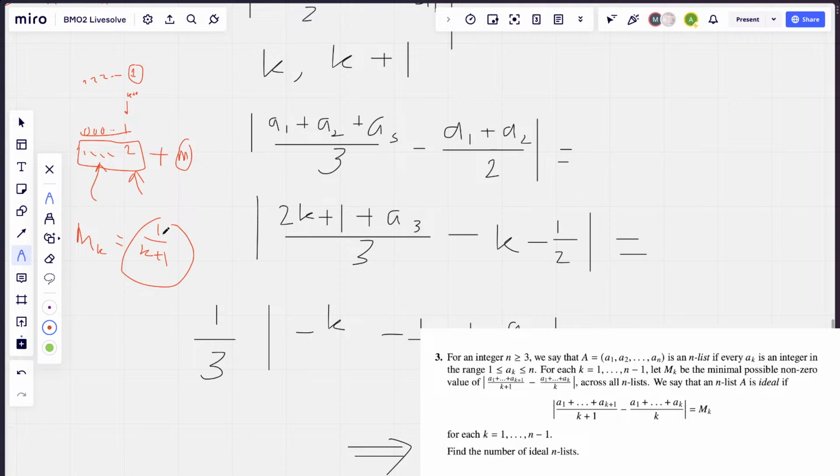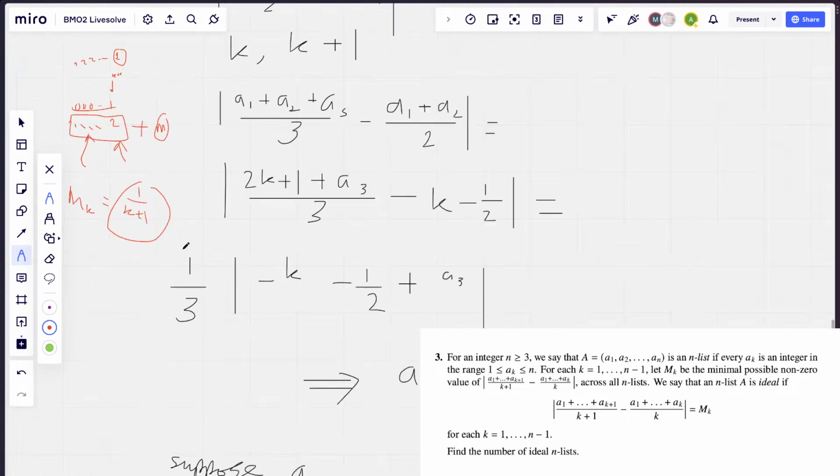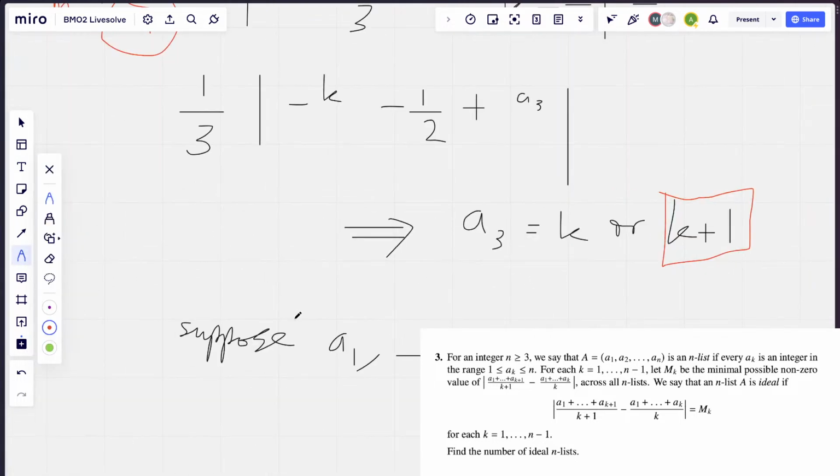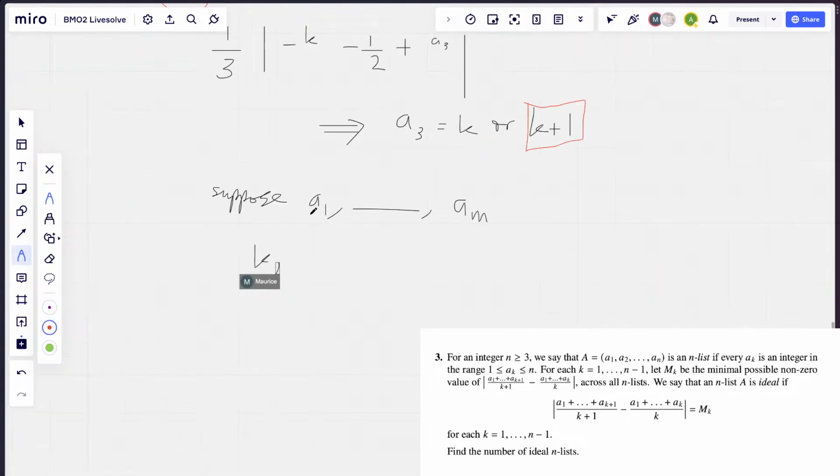So this is our minimal configuration, and then the last one we can let it be A plus or minus 1, right? That's what we're claiming, yeah.